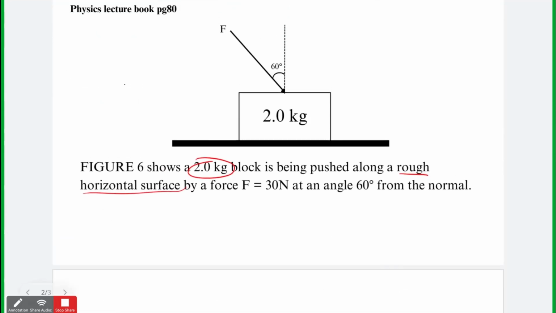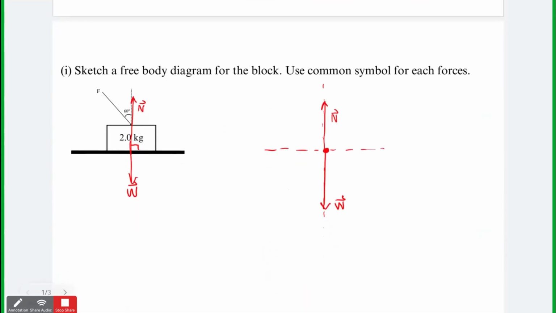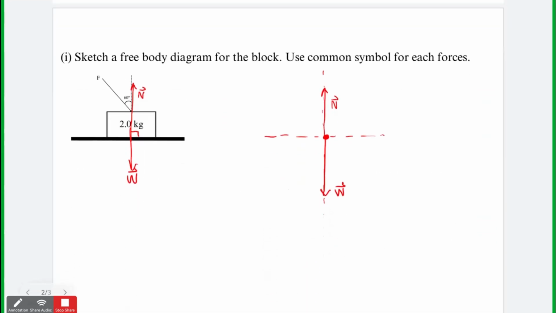Next, the question told us that the block is being pushed. The keyword push tells us that there is an external force applied on the block, which is F. So we draw F from here to here.